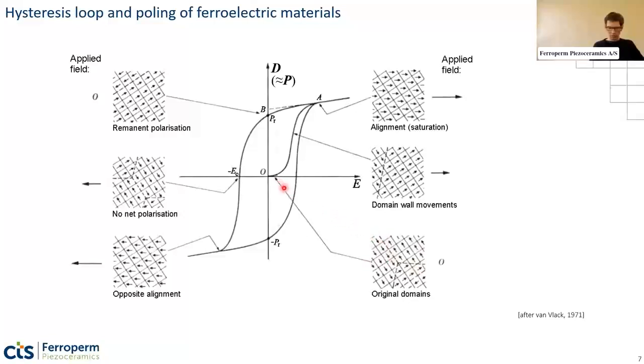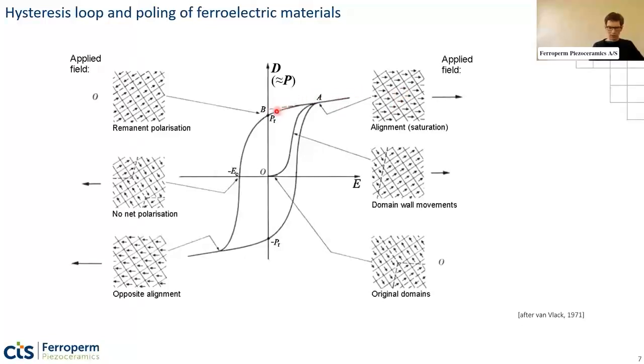Then when a field is applied, you can look at this graph and see that the polarization and the dielectric displacement are increasing as you increase the field. In the microstructure, this is seen as alignment of these arrows of the dipoles, or domains, I would say. And then at a high field, all the domains are fully aligned, in principle.